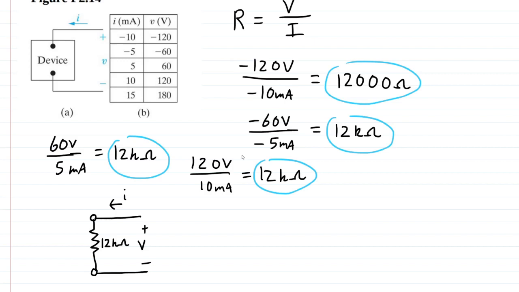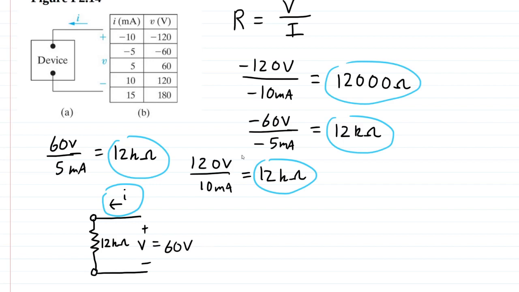If you did the same exercise in reverse, say we wanted to find the I here, and we put a V of 60 volts.